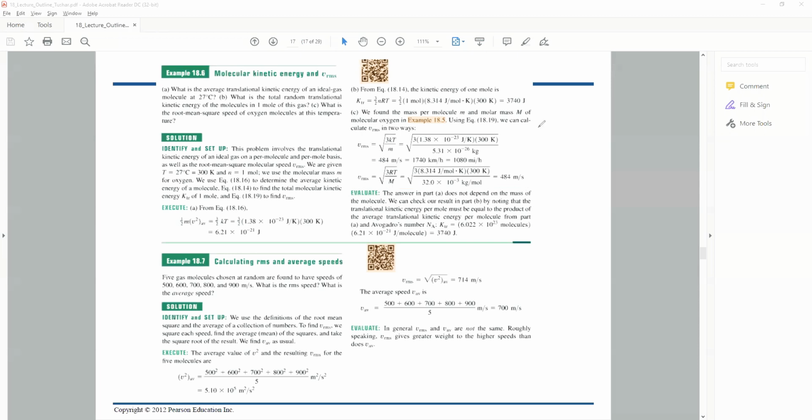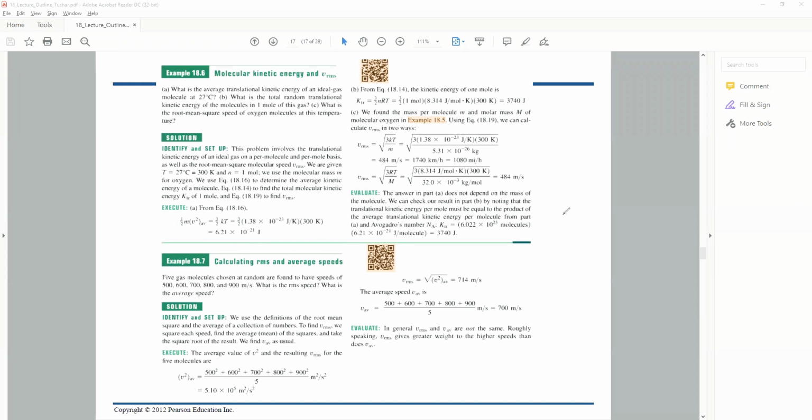So, next question: calculating RMS and average speeds. Five gas molecules chosen at random are found to have speeds of 500, 600, 700, 800, and 900 meters per second. What is the RMS speed? What is the average speed? First, take the average of the squared speeds: 500 squared plus 600 squared down to 900 squared, divided by 5, since there are 5 values.